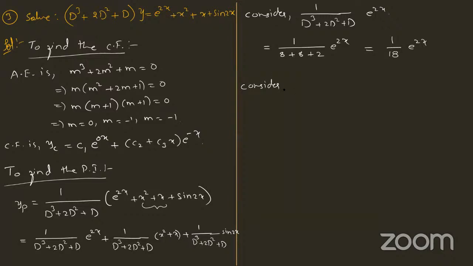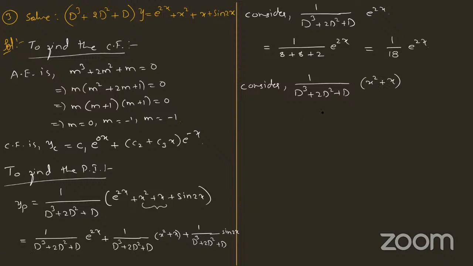Consider 1 divided by D cube plus 2D square plus D, and you're operating this on this polynomial x square plus x. Now see, this is case 3, where it is algebraic functions.